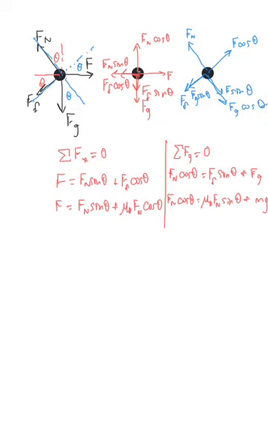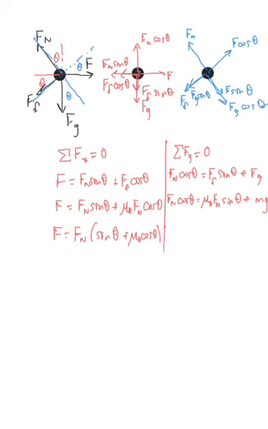So going back to Newton's first law in the x direction, we can write the next step as F is equal to, let's factor out the Fn and leave this as sine theta plus mu k cosine theta.